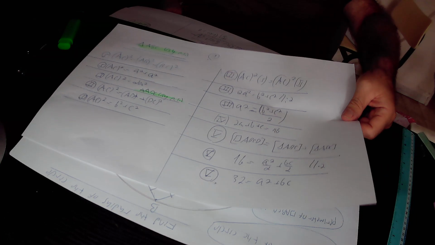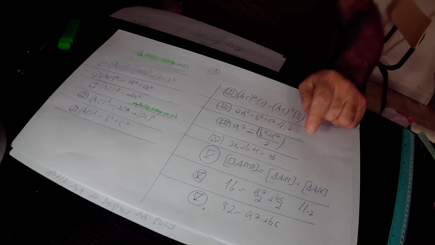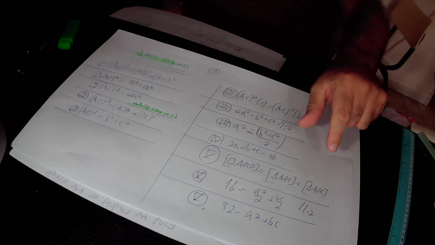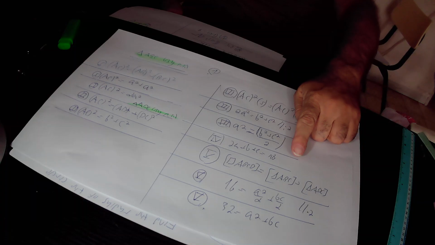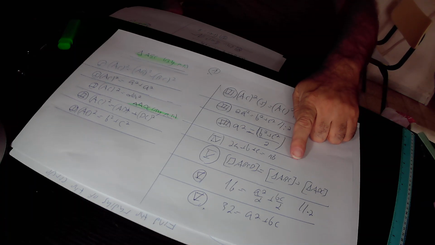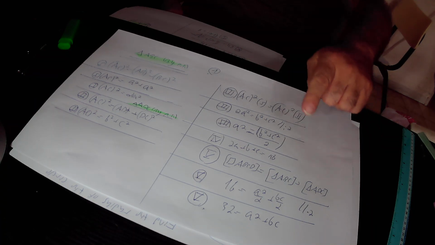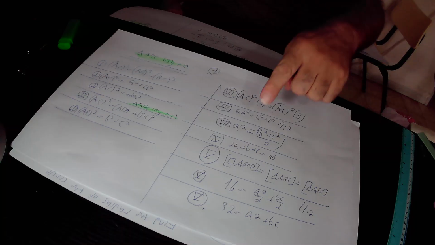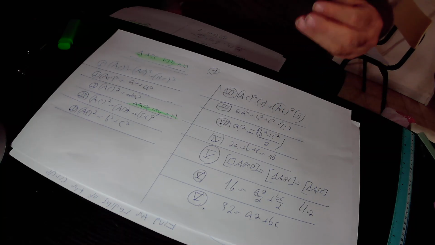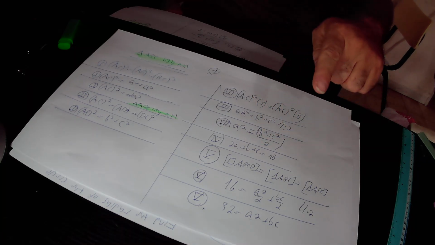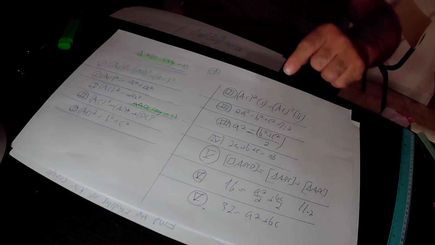Since the area of quadrilateral ABCD equals 16, we substitute, so 16 equals the area of triangle ABC plus the area of triangle ADC.